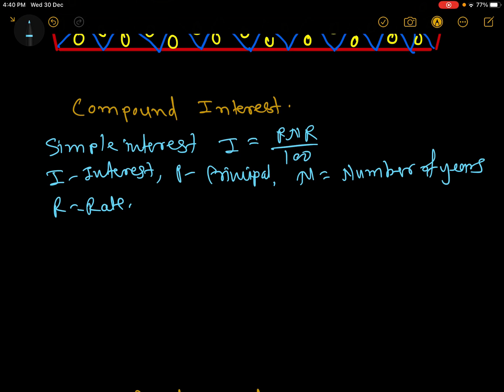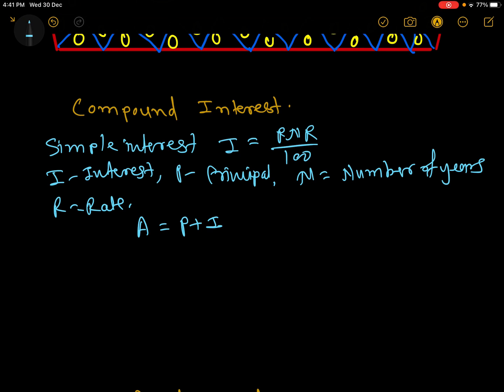Now we see the formula for calculating compound interest. Here A, that means amount, equal to P plus I, that means principal plus interest.